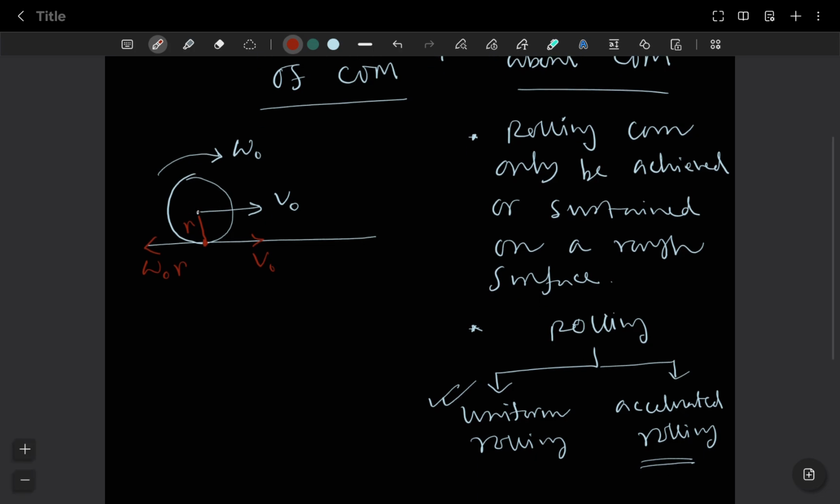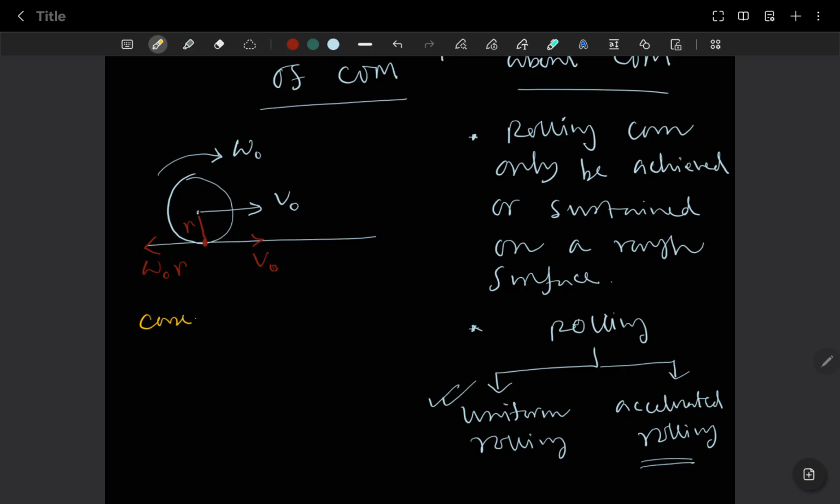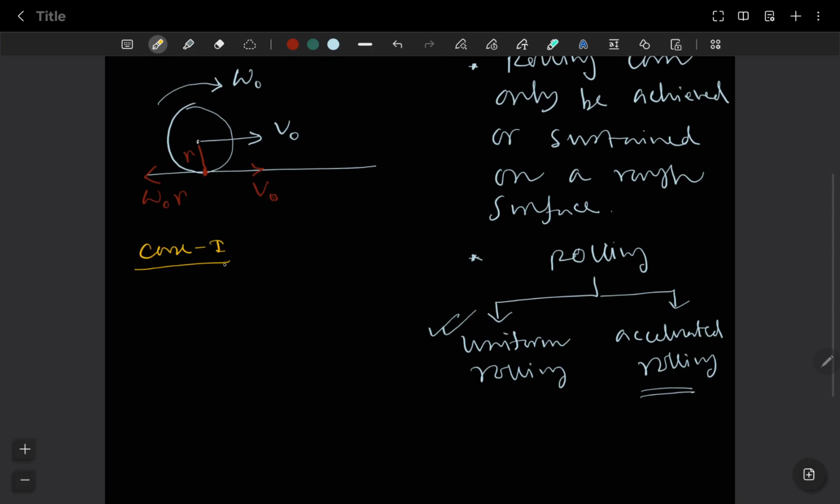Now, case 1. Let v0 be greater than omega 0 r. For this case, as v0 is greater than omega 0 r, the bottommost point will slip in the forward direction. It is a case of forward slip.